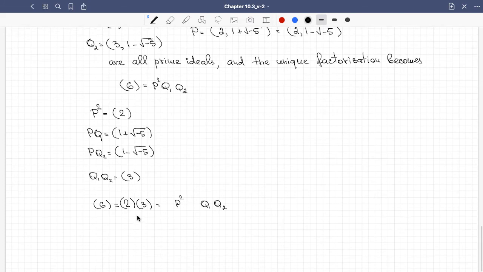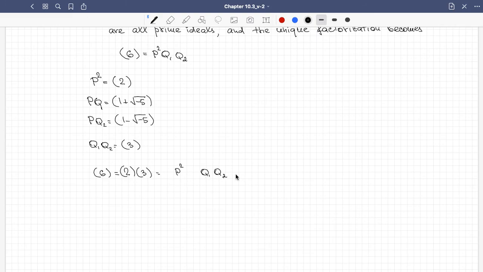Or you may write the same product as PQ1 times PQ2, and in this case that is going to be the ideal 1 plus root of negative 5 times the ideal 1 minus root of negative 5. I put two pairs of parentheses to emphasize this is an ideal generated by this element.